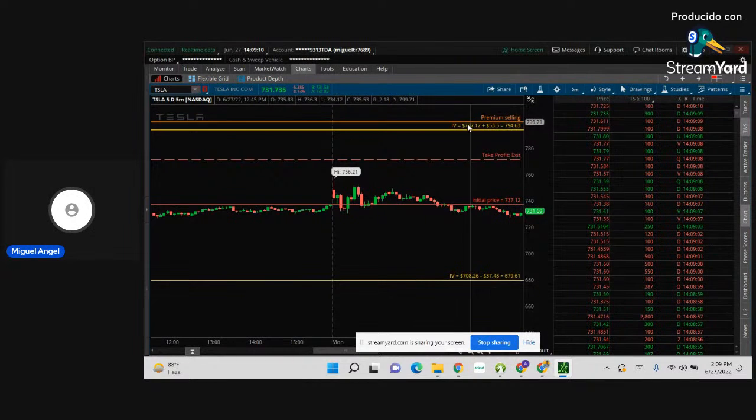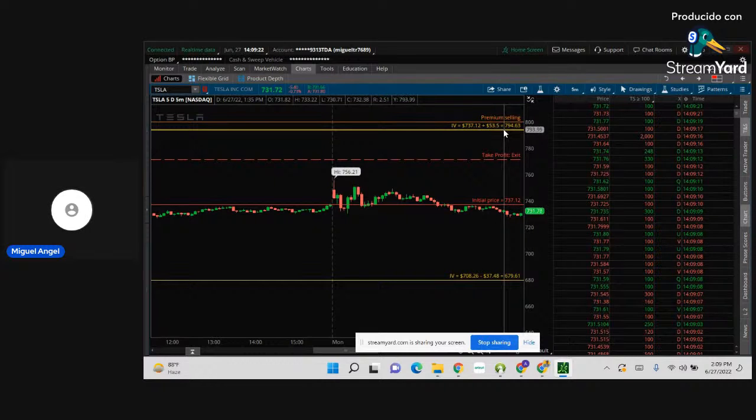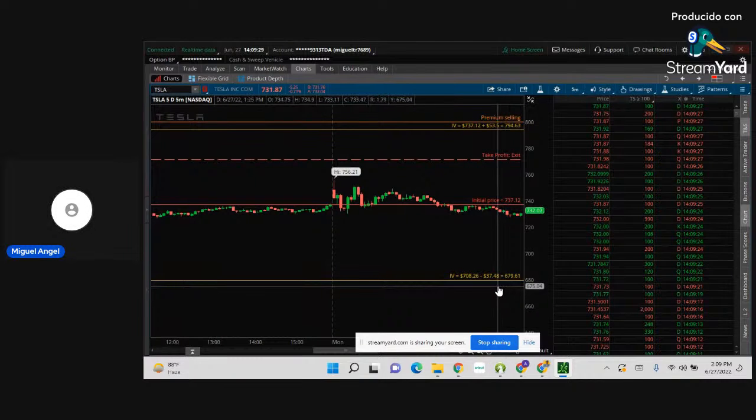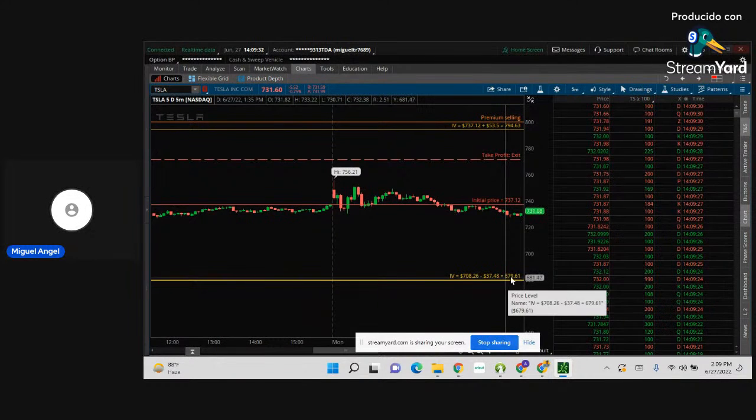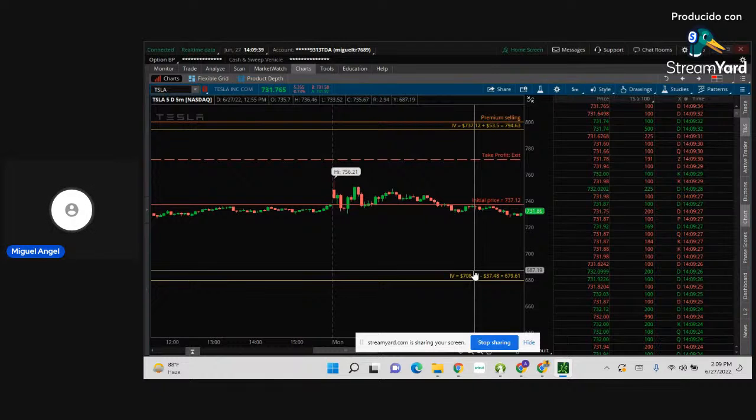But what we know is that if we use that value and sum it up to the current price, we saw that price could reach this point here, which is 794, or it could be moving to this area here, which is 679.61. So that is why we use the implied volatility, because it lets us know how much price can move during that period of time.